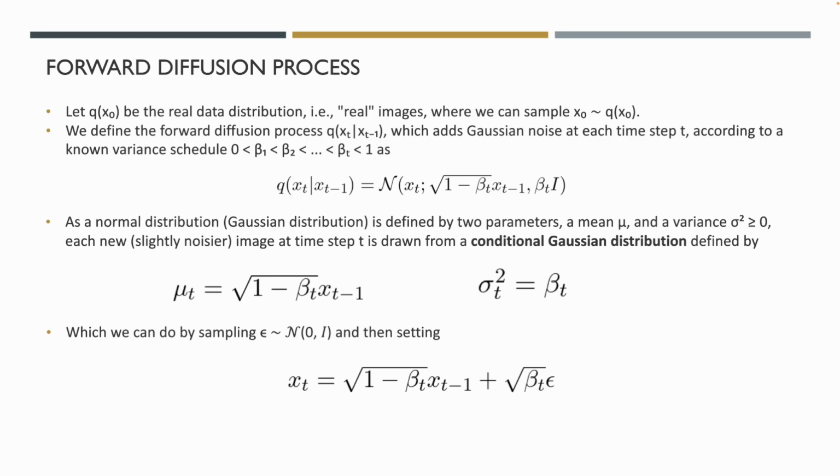Each new, slightly noisier image at time step t is drawn from a conditional Gaussian distribution defined by mu of t and sigma squared of t. We can do this by reparameterizing, using epsilon drawn from a normal distribution and then setting xt as follows. Notice that the beta here is not constant and depends on the variance schedule.